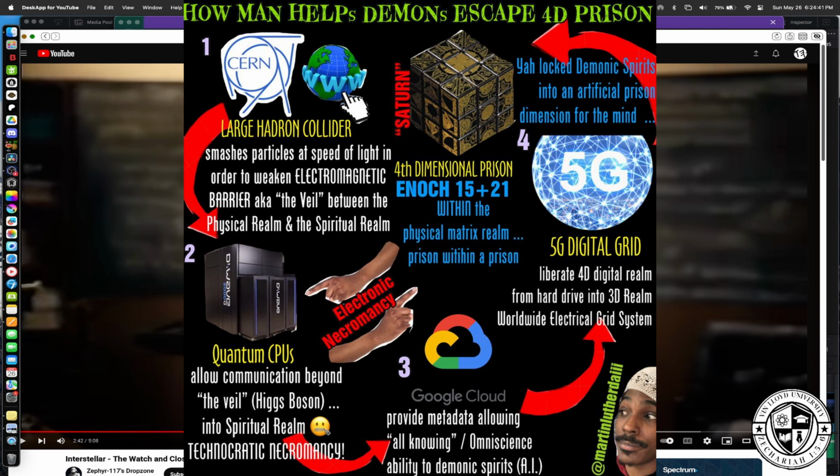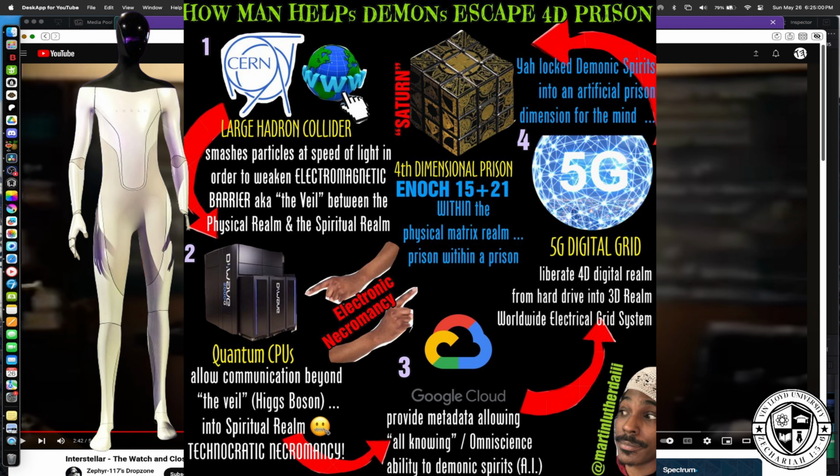Now you got quantum computers and CERN, right? Allowing demons maybe access to the electrical grid, and then giving them an algorithm to operate through called artificial intelligence, and then working on physical bodies for the artificial intelligence, right?